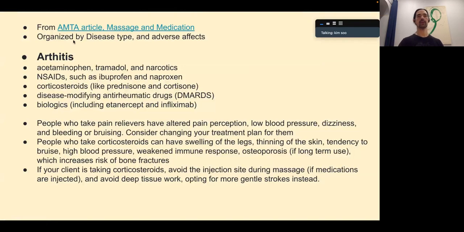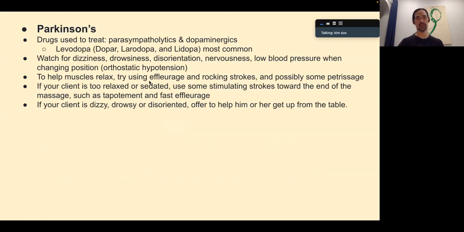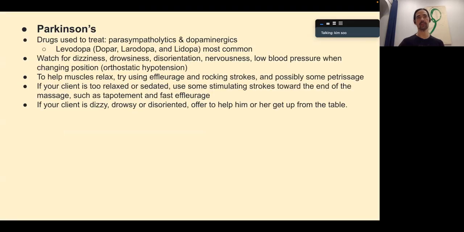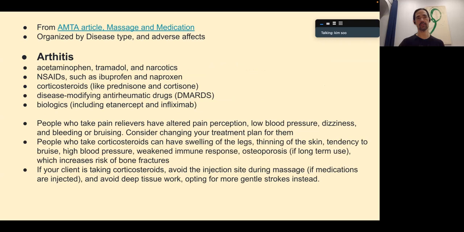Okay, and they organize it by disease type in one section of the article, and then by adverse effects in the next section of the article. So they start with, I'll just give you an overview. They start with arthritis, they go to diabetes, they go to Parkinson's, cardiovascular disease, which is as far as I've gotten so far. And then we're going to go through some of the questions. We're going to drill some questions.